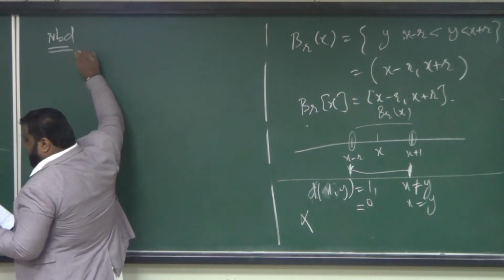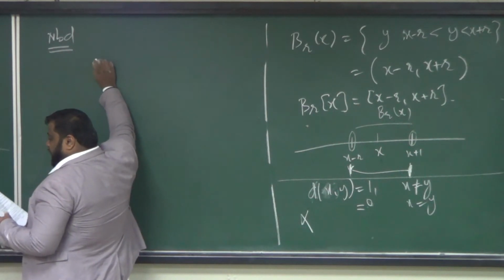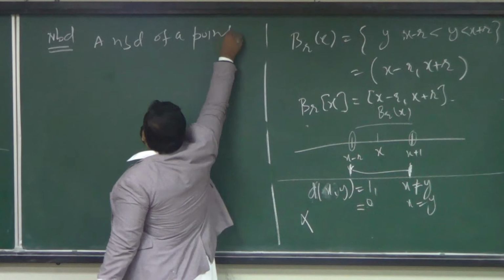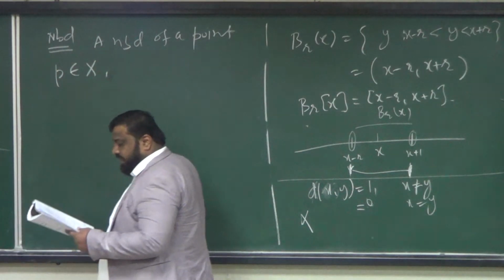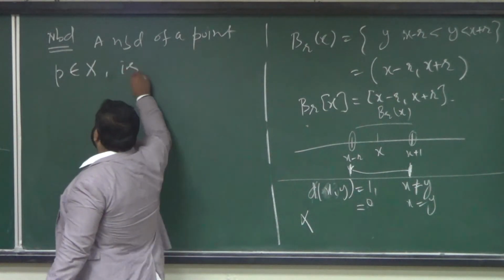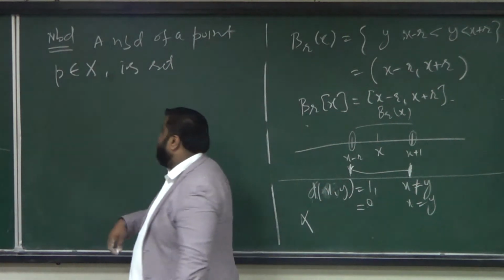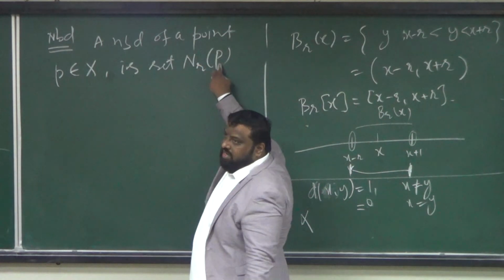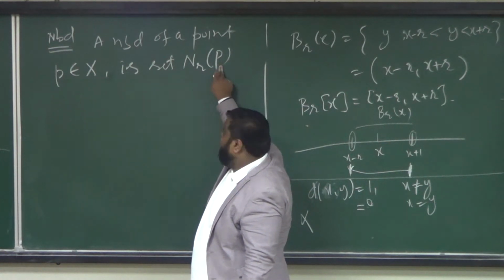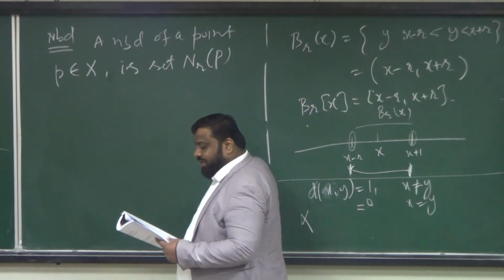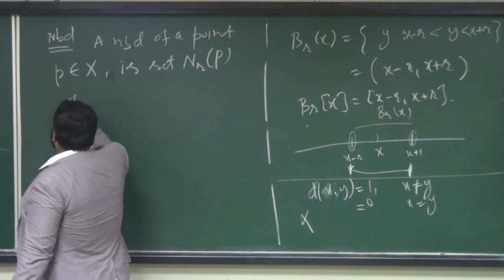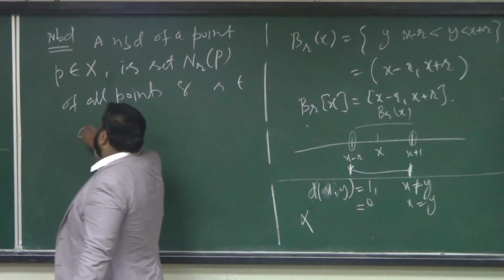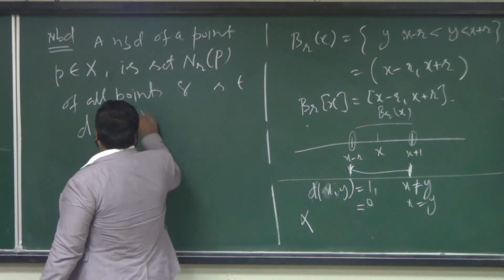So let (X, d) be a metric space, and a neighborhood of a point p in X is a set N_r(p), a neighborhood around your point with radius r, which is the set of all points q such that the distance between q and p is smaller than r.